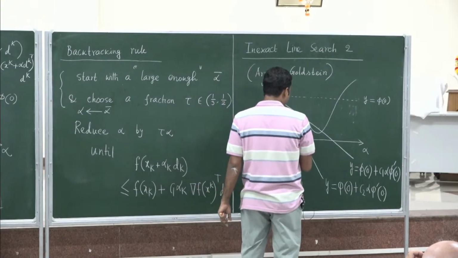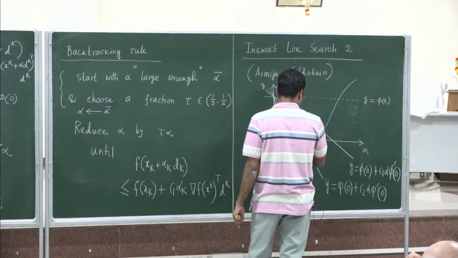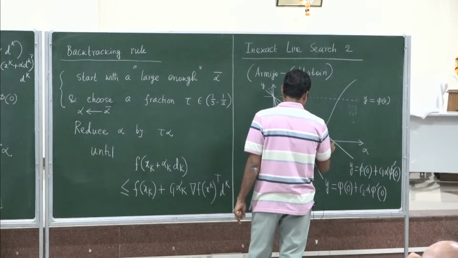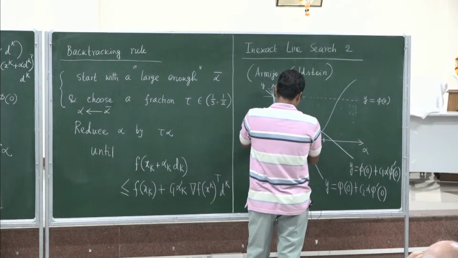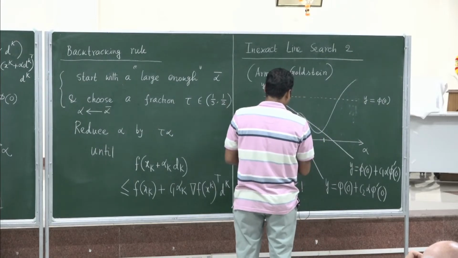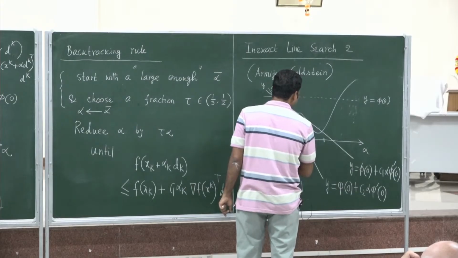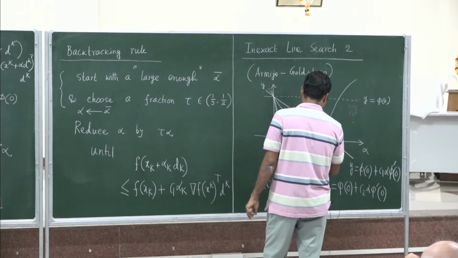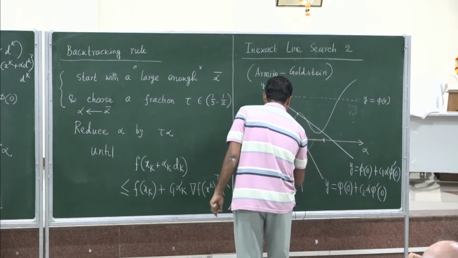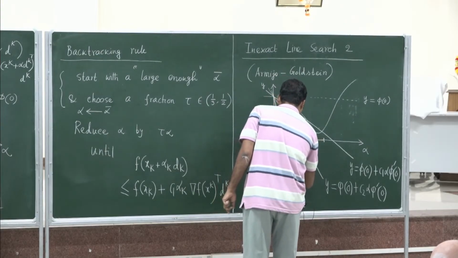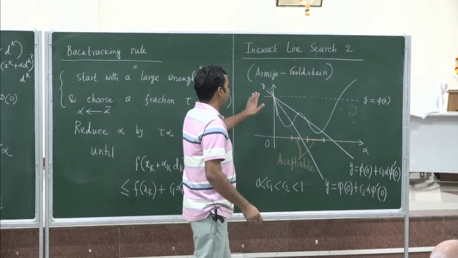And then we notice that above this line and below that line there is a particular region, from here to here, and here goes another region. So these two regions are the acceptable regions in the Armijo-Goldstein rule.